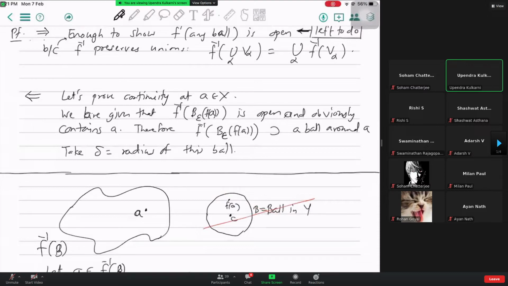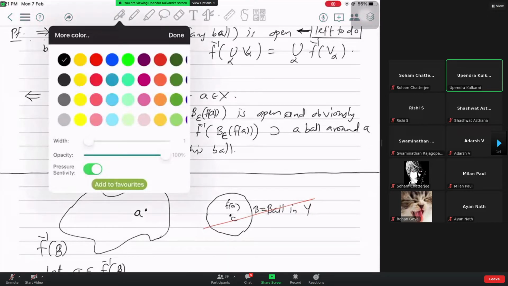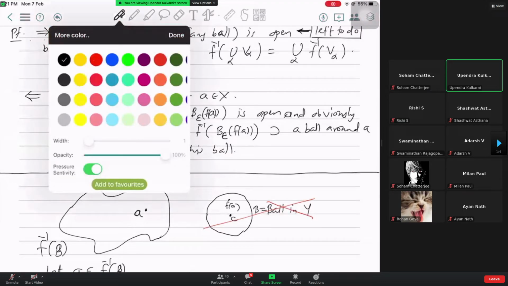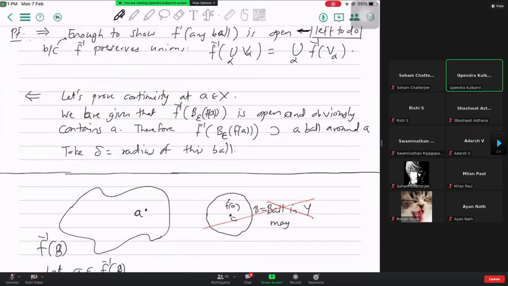Oops, sorry. Okay. Anyway, so you can now complete the proof, which is that we may as well take B any open set in Y.